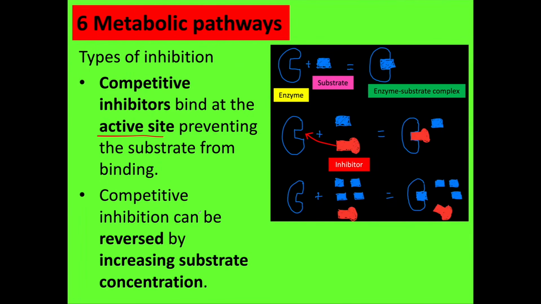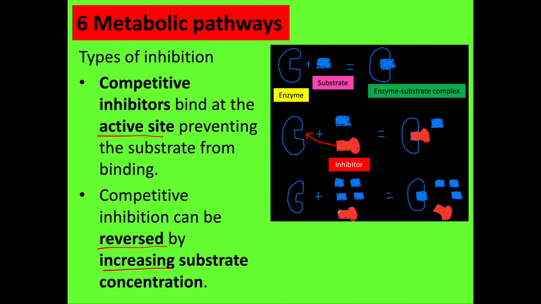The way that we overcome this, the way that we get around this competitive inhibition, the way that we reverse it, is by increasing the substrate concentration. And if we look at our diagram to understand that, for example, we keep the inhibitor just at 1 there, but we make the substrate 4, okay? So we've increased the substrate concentration. That now means that instead of being a 50-50 chance that the substrate will bind, there's now an 80% chance that the substrate will bind first, okay?